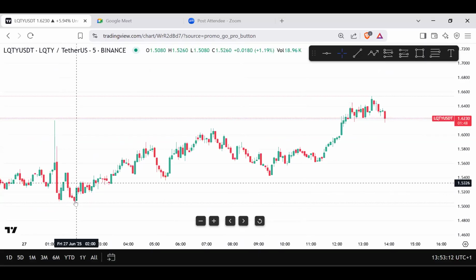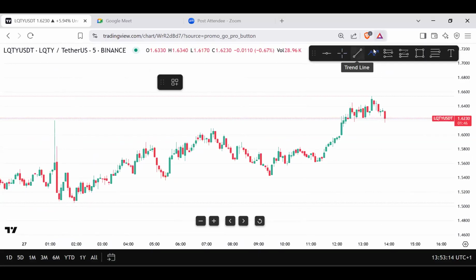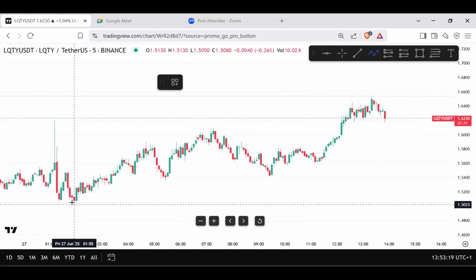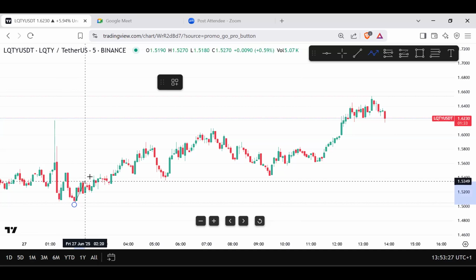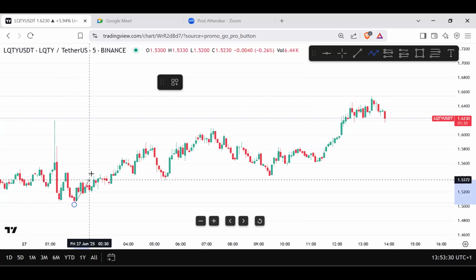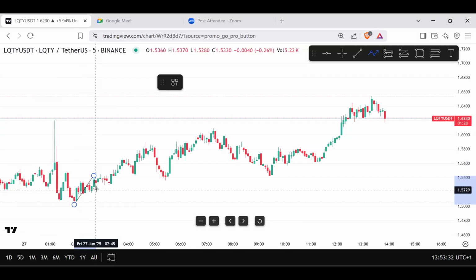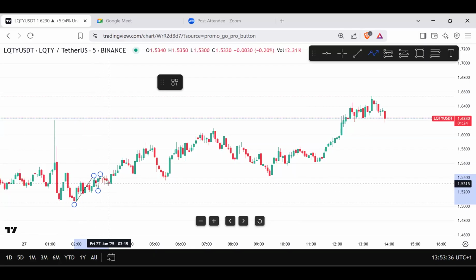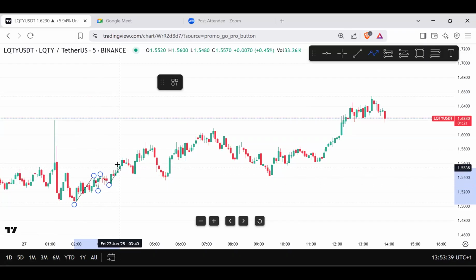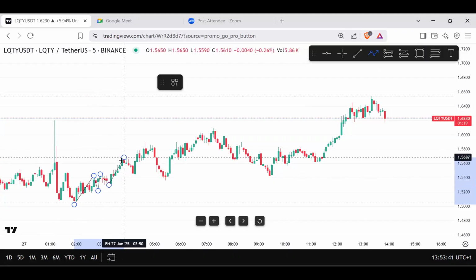I'm going to start from down here. This is the lowest point. The market went from here to this high, pulled back, went higher, pulled back, went higher.